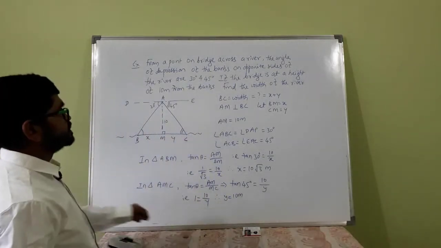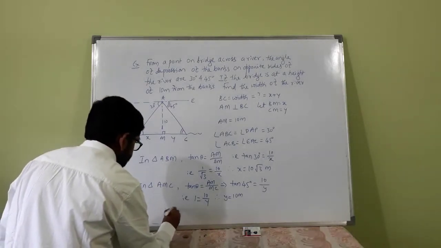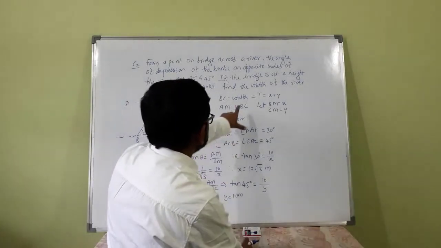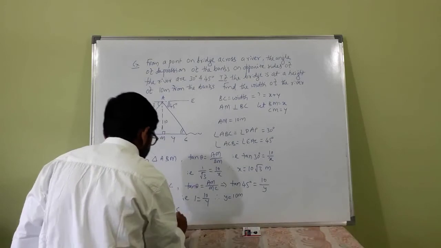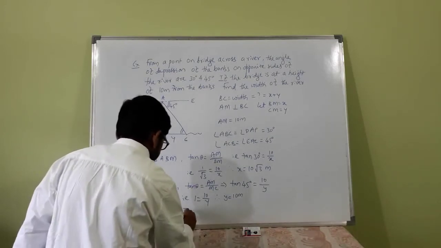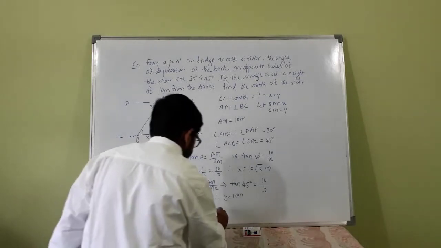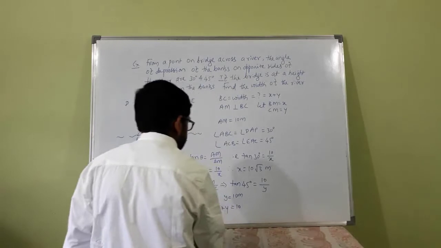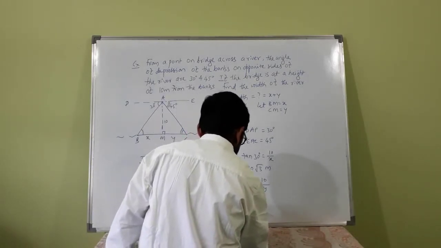Now the width is BC. You got X and Y, so this is nothing but X plus Y. BC, the width, is equal to X plus Y, which is 10 root 3 plus 10.